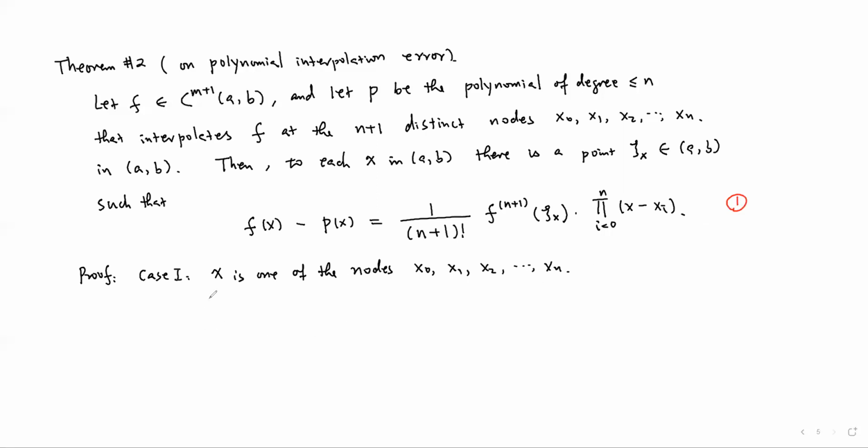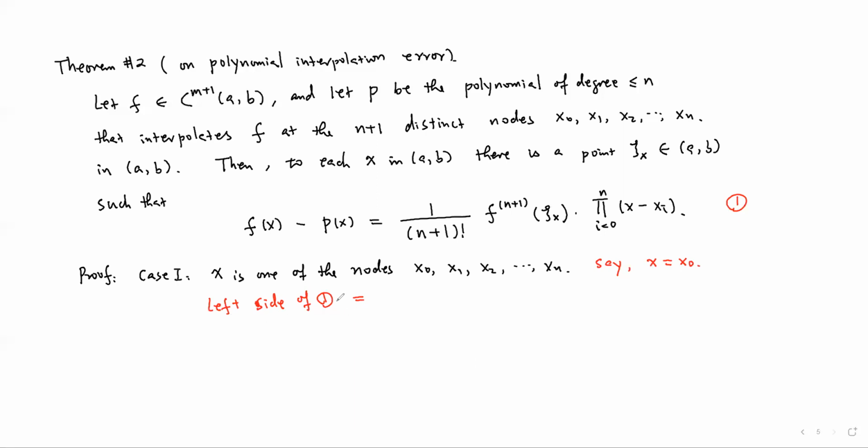Okay, the left side. Let me see. The left side of equation 1. Suppose, without loss of generality, x is one of the nodes, x0 for example.